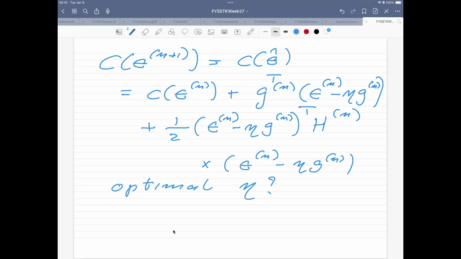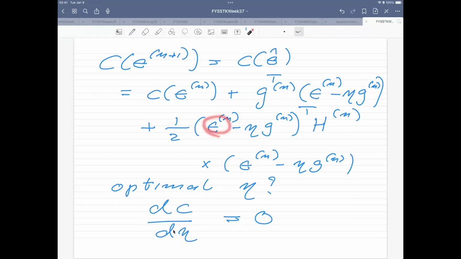So what I'm doing now is I simply take this expression and find the derivative with respect to eta, and I want to drive that to 0. When you do that, you see that you will get a term which has minus g times its transpose. It's only this term which depends on eta.